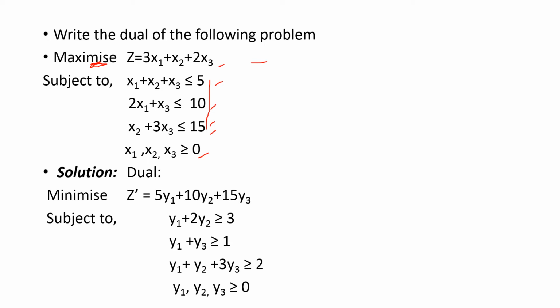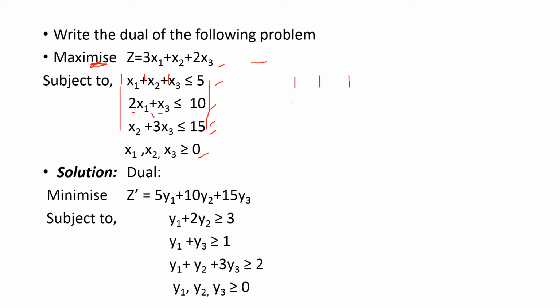Here it is, that is of the subject to constraints. You are having the constraints over here, and take the transpose of it. I'll show you. Here for the first constraint, coefficient of x1 is 1, x2 is 1, and x3 is also 1. I'm writing the matrix from it, 1, 1, 1. And for the second, it is 2, no x2, so 0, and x3 is 1.